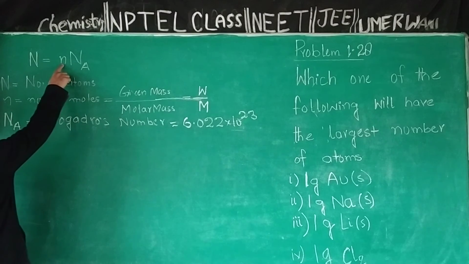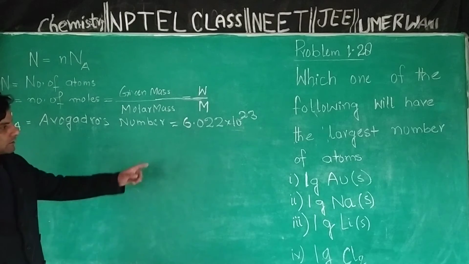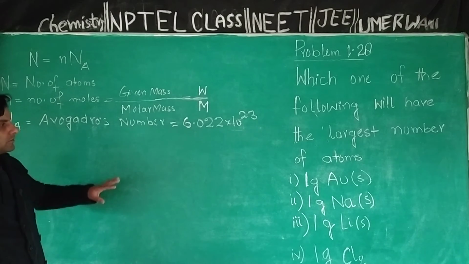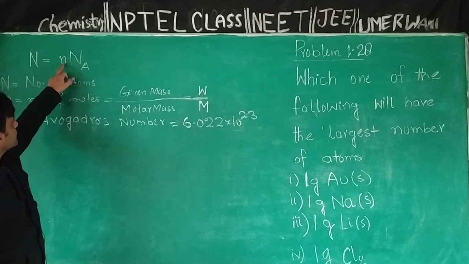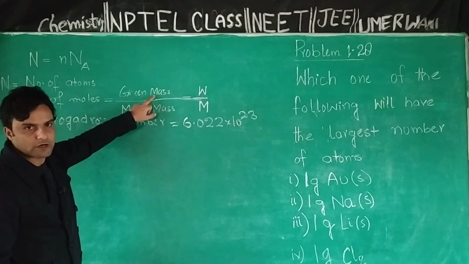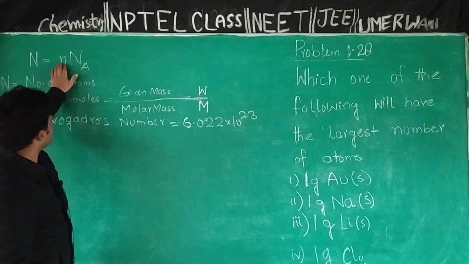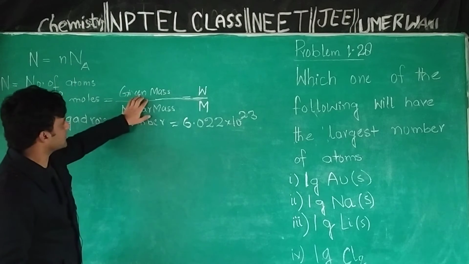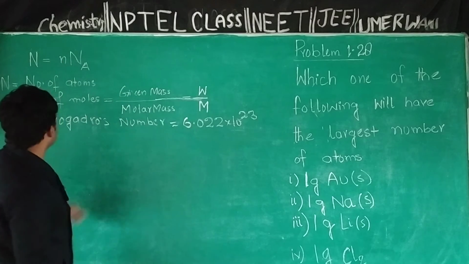Because given is not number of moles, given is mass, I need to express number of moles in terms of given mass, or I will say that the measured property is not moles, the measured property is mass. So I will express moles in terms of mass here.